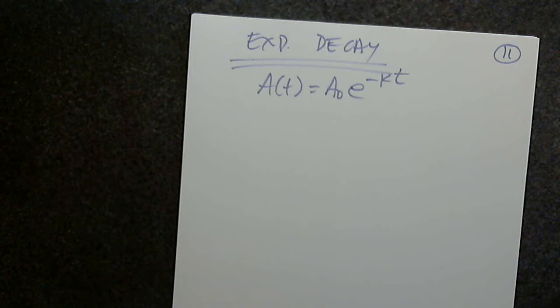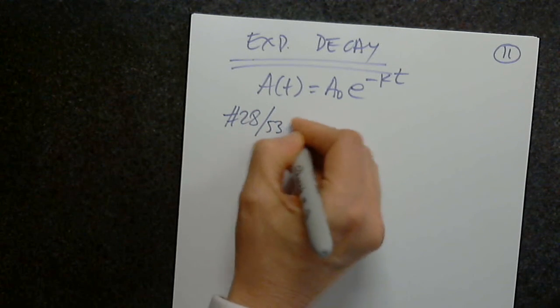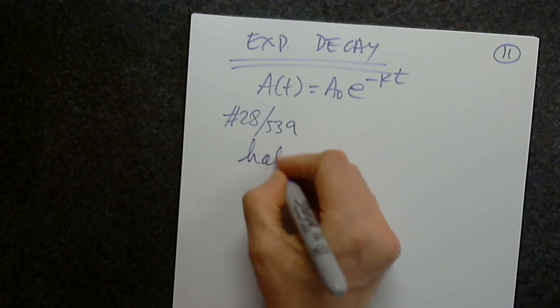On page 539, problem 28. Let's read the problem. Use the exponential decay model. We already have it. To solve the exercise, I'm taking notes.